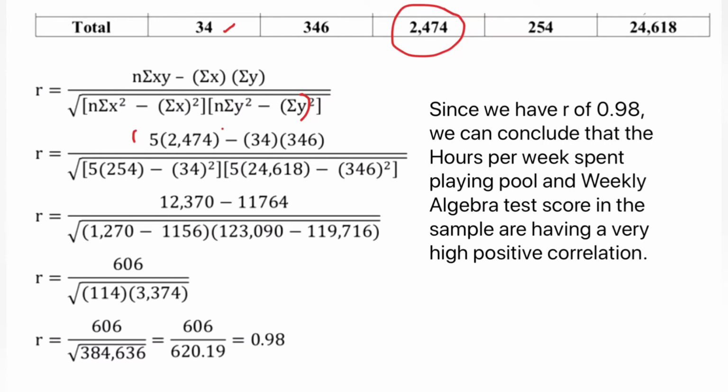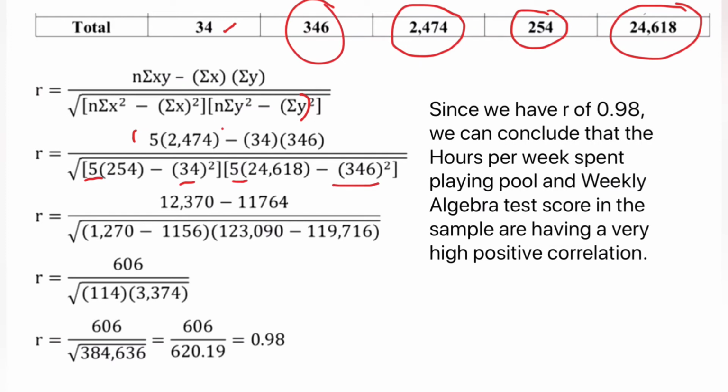All over we have our n is 5, then summation of x squared is 254 minus to summation of x, squared, which is yung 34, then multiplied to 5, okay? Times the summation of y squared, which is 24,618, and then subtracted to the value of our summation of y na 346, okay, and then squared it.